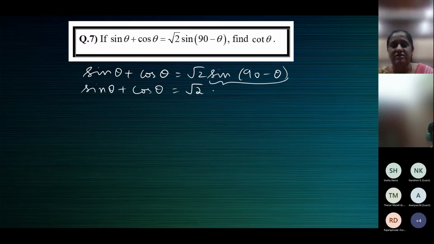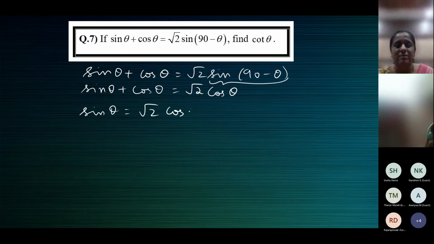Sine 90 minus theta is cos theta. Now we can't do anything much. Now we'll try to gather the like terms. Here we have cos theta, here also we have cos theta. So let's just try this. Sine theta is equal to root 2 cos theta minus cos theta, transposing plus cos theta.